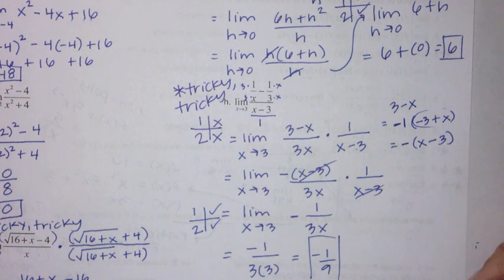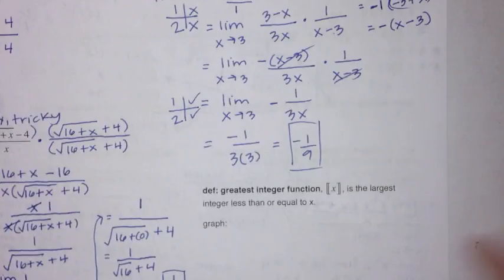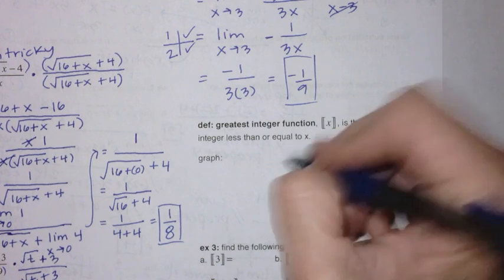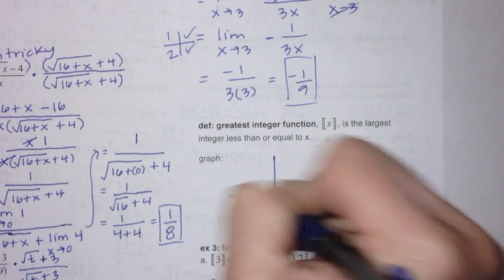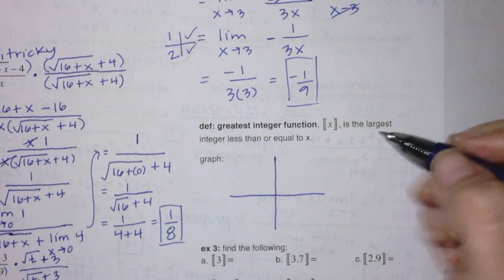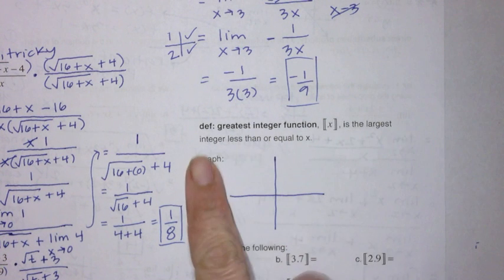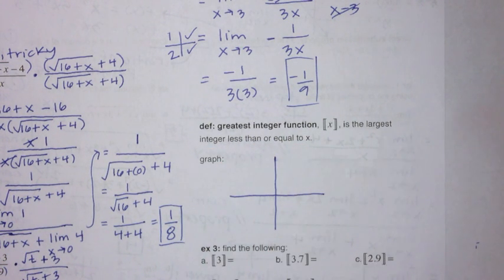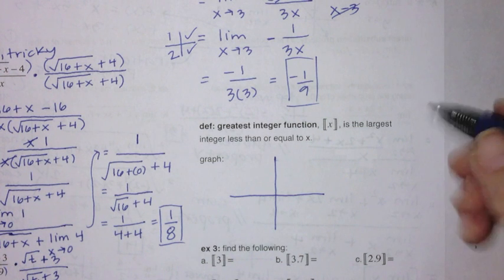Okay, greatest integer function. We already did greatest integer function, but we're going to be doing limits with greatest integer function, and I didn't actually draw a graph for you guys. So I'm going to draw that graph really quickly. Basically, the greatest integer is the largest integer less than or equal to x. So we round down. That's what we said.